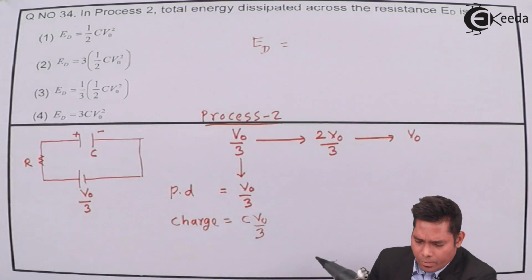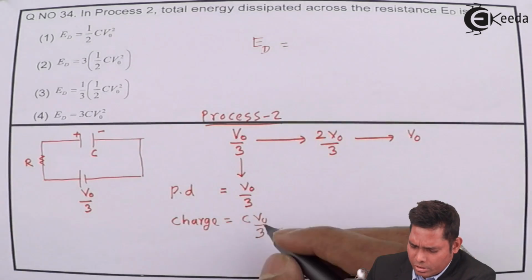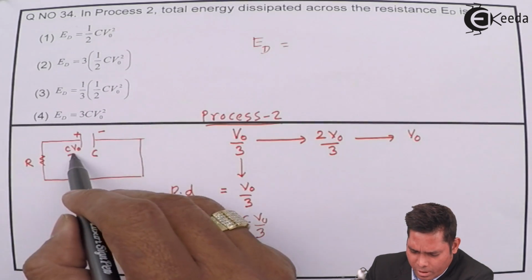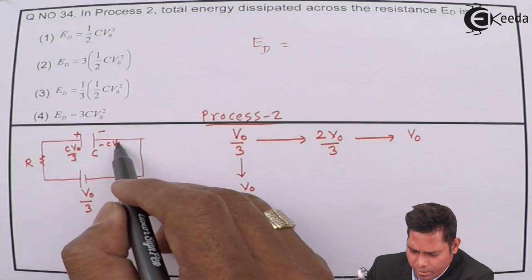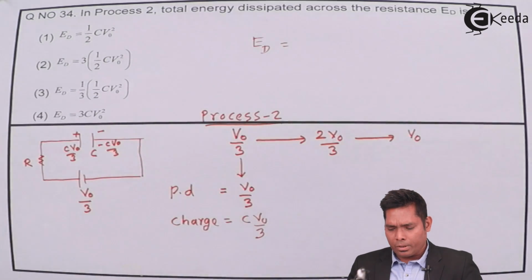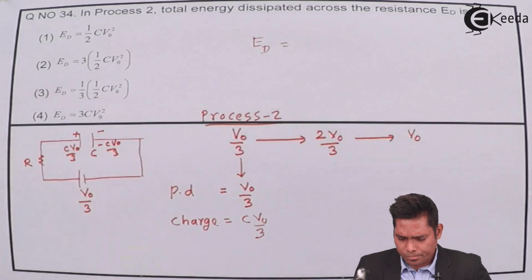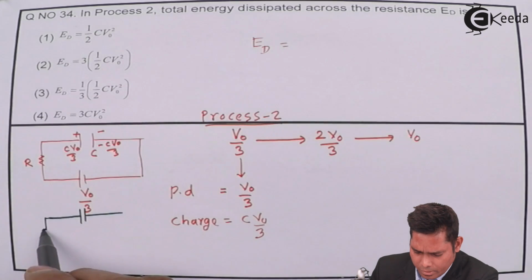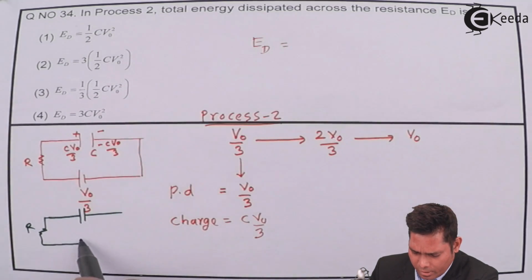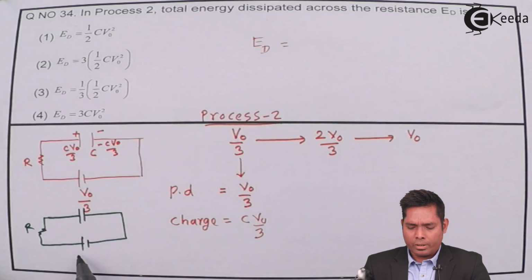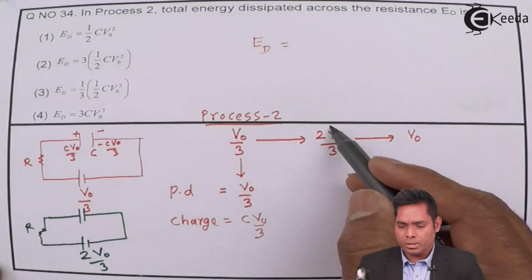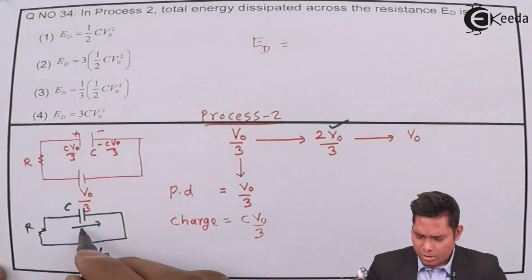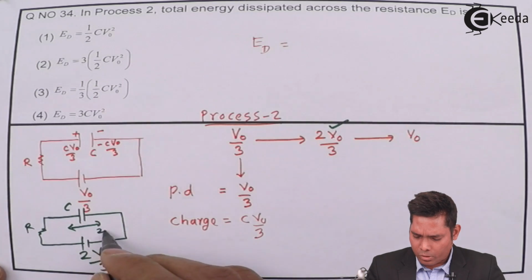Similarly, here it is CV0 by 3 and minus CV0 by 3. In the second step, using another diagram, there is the capacitor, a resistor, and a battery of 2 V naught by 3. When this voltage is given, the potential difference across the capacitor will finally attain 2 V naught by 3.